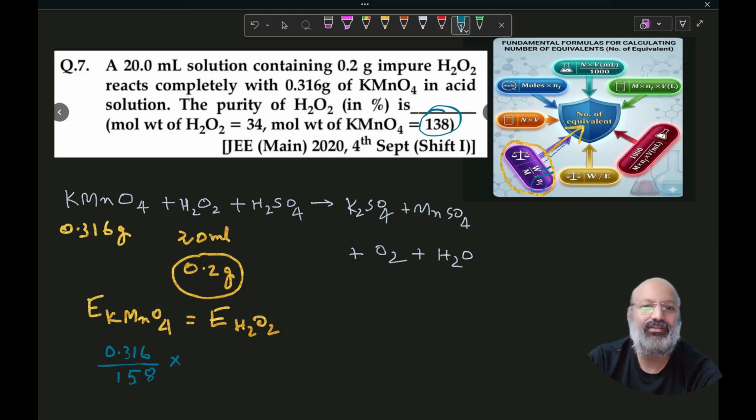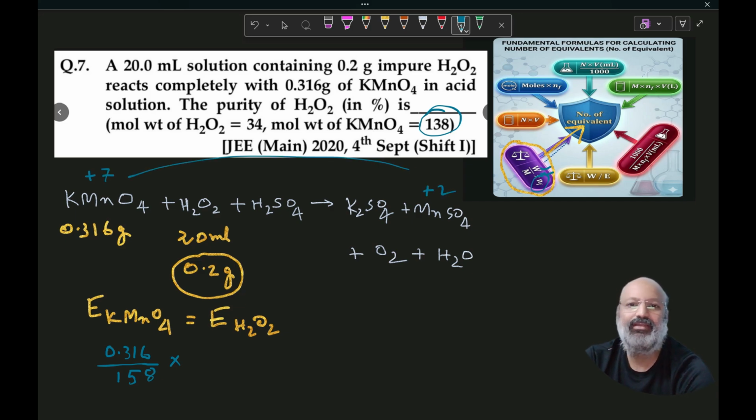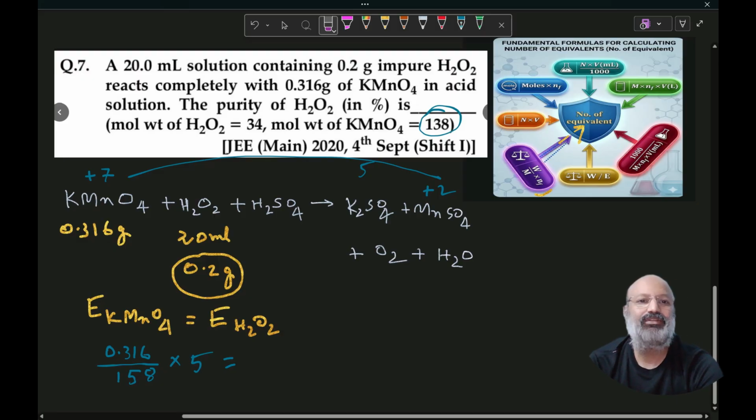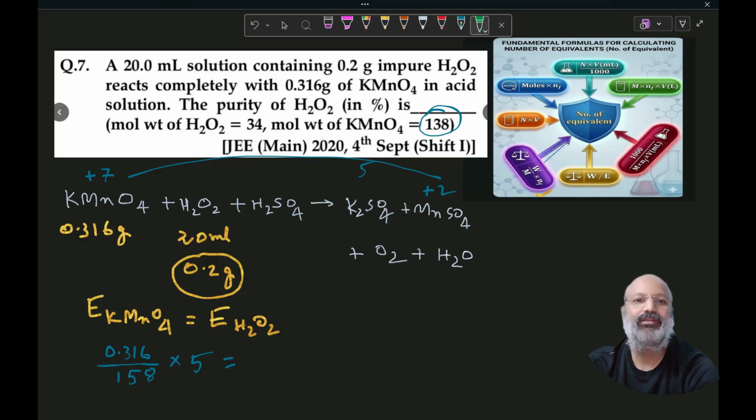You can see this n factor is visible here. So the oxidation state of Mn here is +7 and here it is +2. So the difference you can find is 5. So multiplied by 5. For H2O2, how to calculate? I need to use the same formula which is written down here.